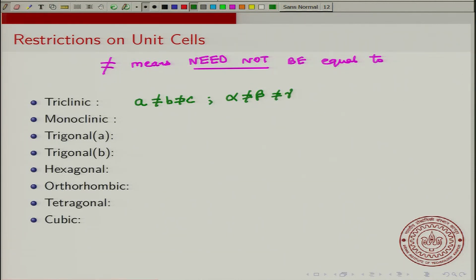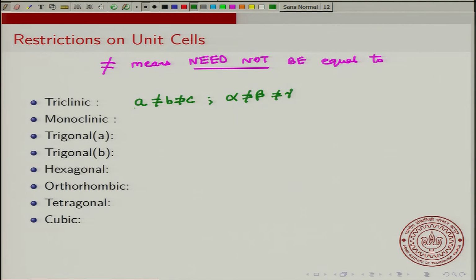Keep in mind that A, B, C do not have to be different; they could be the same and it could still be triclinic. To be triclinic they need not be equal, and if they are equal it is fine.